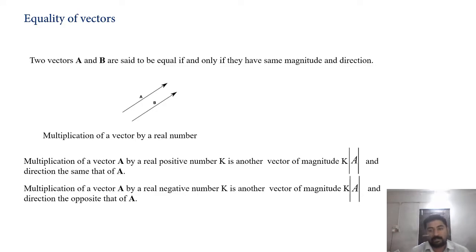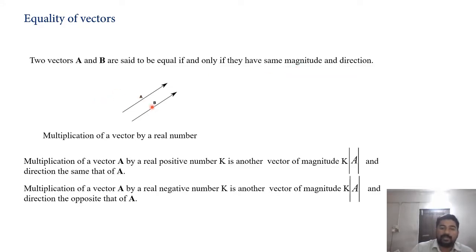Equality of vectors. We can understand it from the name itself. The two vectors A and B are said to be equal if and only if they have the same magnitude and direction. How is equality defined for vectors? The vectors are said to be equal if they have the same magnitude and direction.